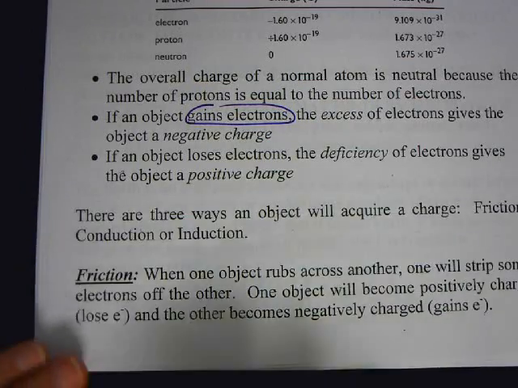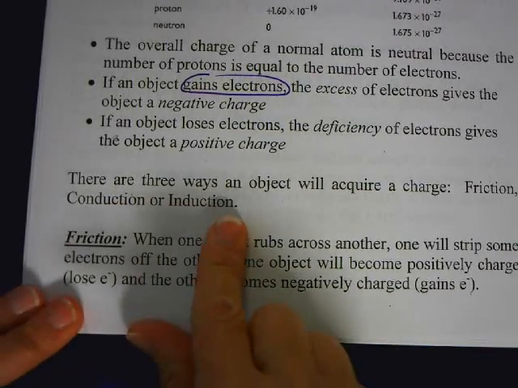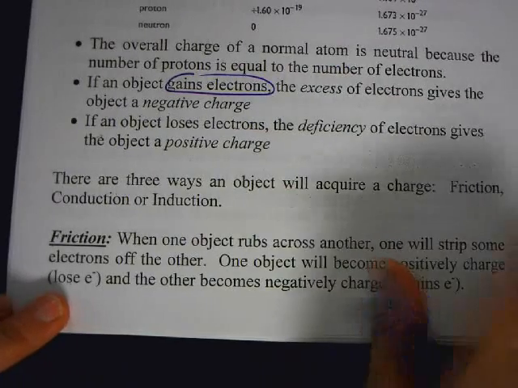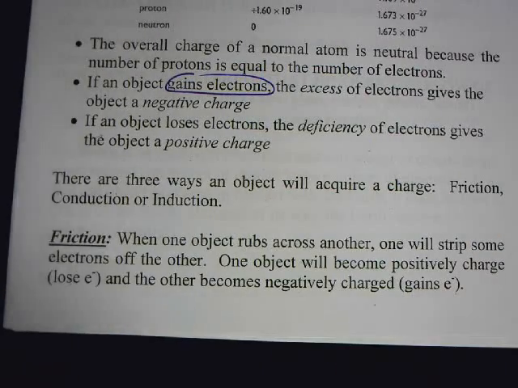Okay? So there's 3 ways that an object will acquire a charge. So friction, when we rub something, and we did that at the end of the last lab that we did. We used the 3 different rods, and we rubbed them with silk, with wool, and with fur.